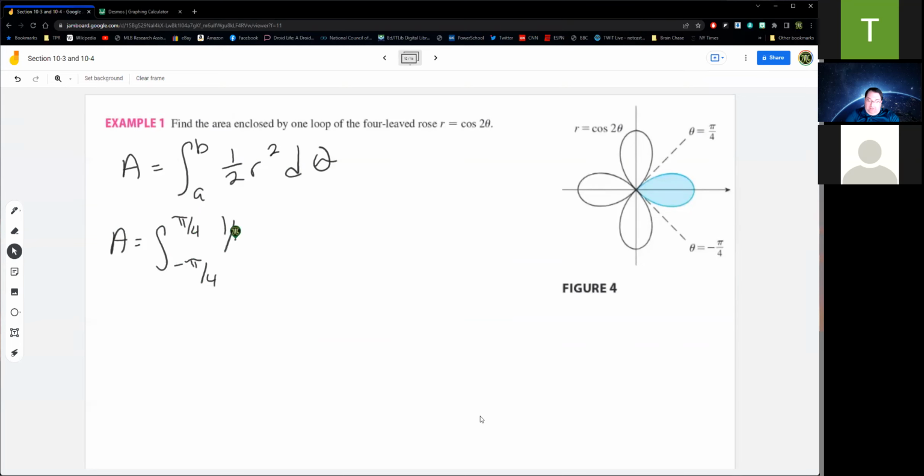It's 1/2 the radius, which is cosine, d theta, squared. Everybody understand where I got those pieces from?